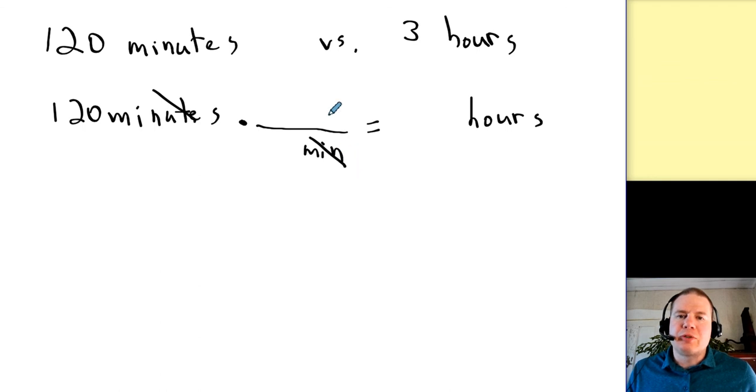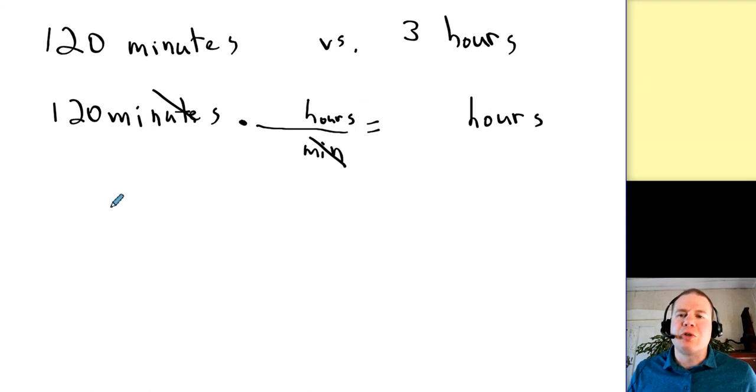Well, minutes, hours. I want hours to remain as part of my answer, so that has to go up here. Right? Now here's the key insight. Multiplication changes units, but we don't want to change the value, we just want to change the units. We're not changing how long we're sitting in this movie, we're just changing what number represents that length of time by changing the units that we use to measure it.